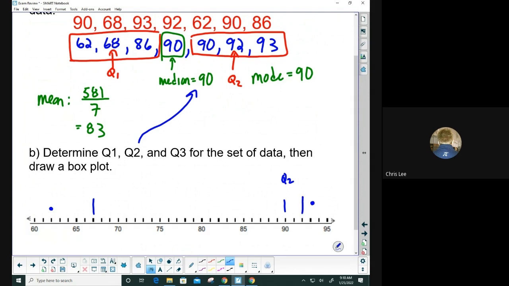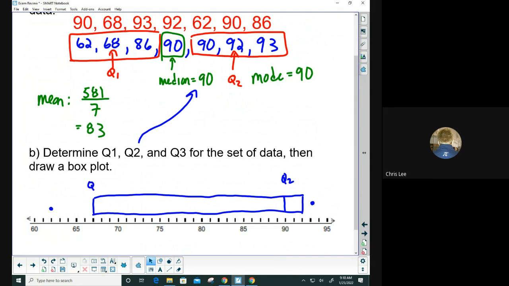And now you could take your ruler. I think I'll just do this by freehand. So here's your Q1.